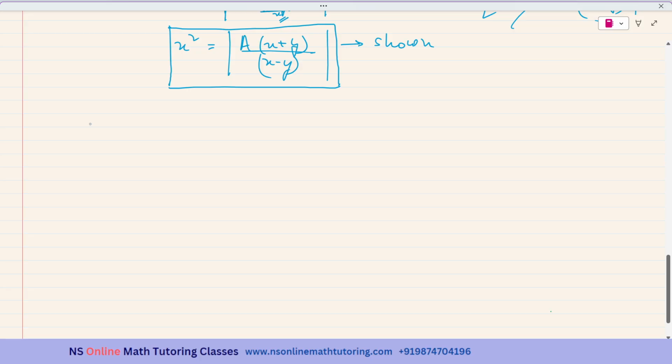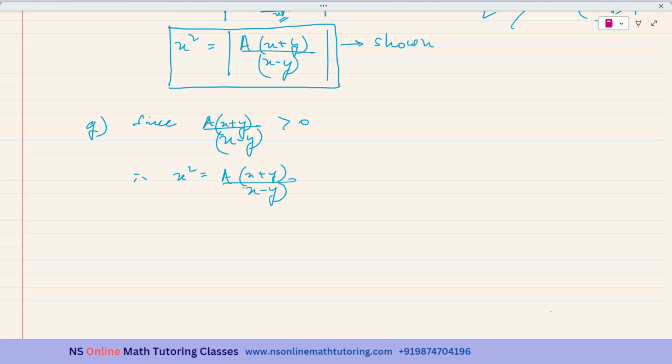So subpart G, since a times x plus y over x minus y is greater than 0, therefore x square is equal to a times x plus y over x minus y from f.